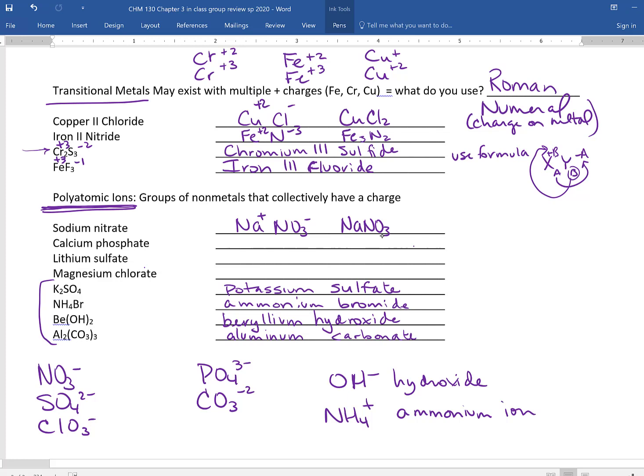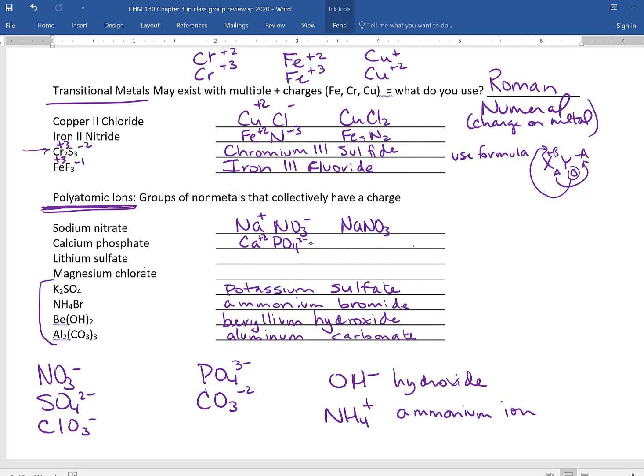Calcium phosphate. Calcium is Ca. The phosphate is PO4, and it's a 3- or a -3. What's the charge on the calcium? +2. Trying to write that a little better. There. So swap them.